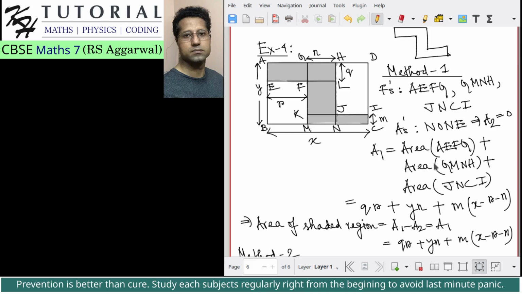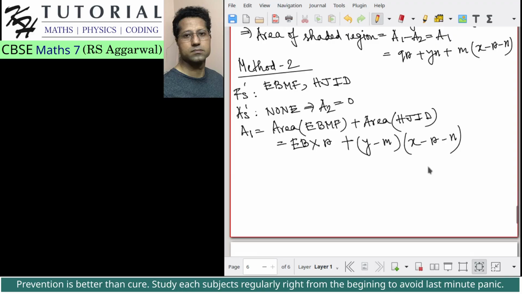EB is y minus q. We have y minus q multiplied by r, plus y minus m multiplied by x minus r minus n. So in method 2 also we can easily find the area of the unshaded region.